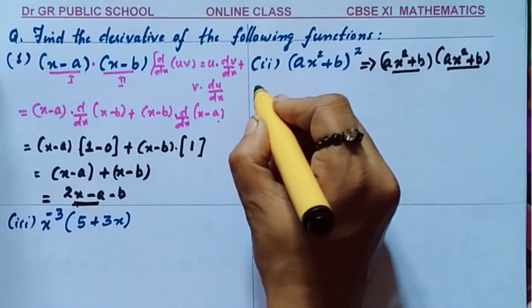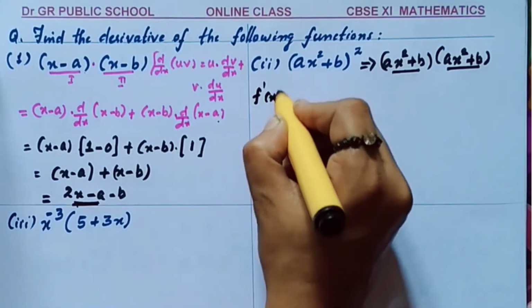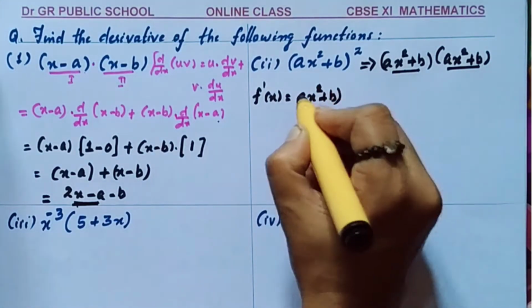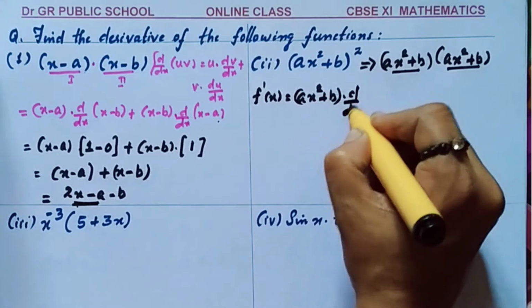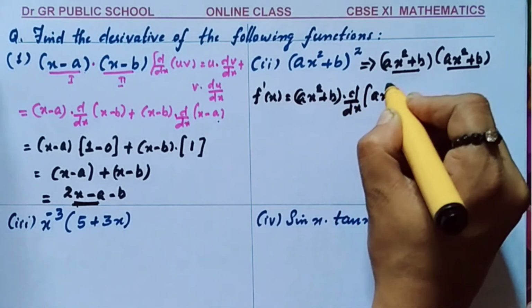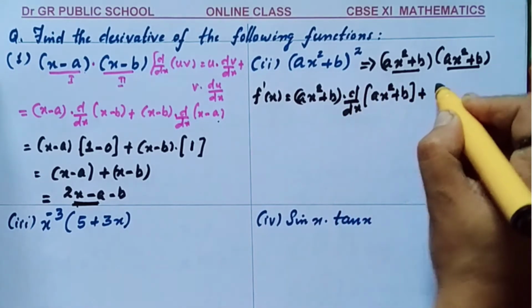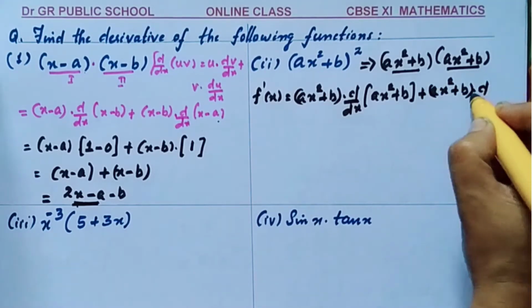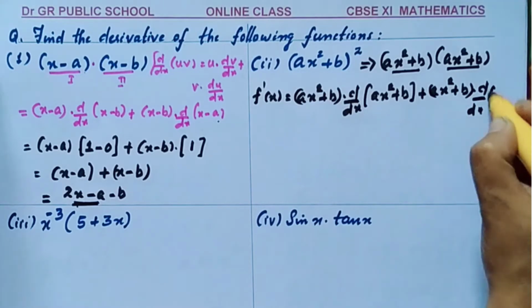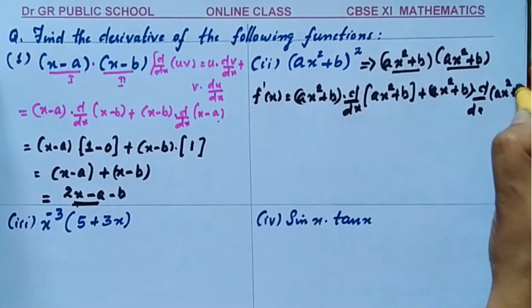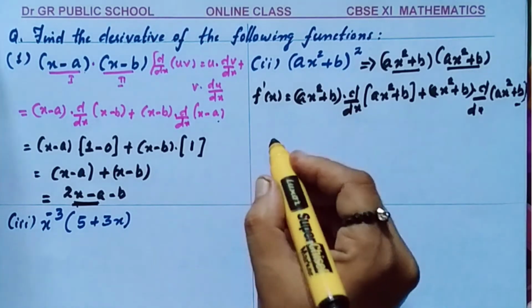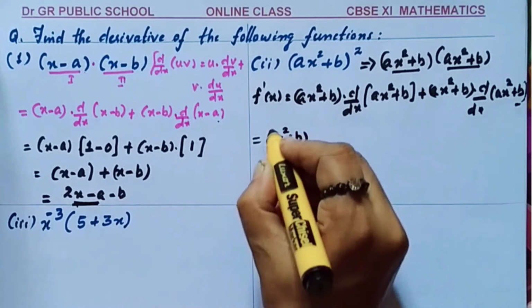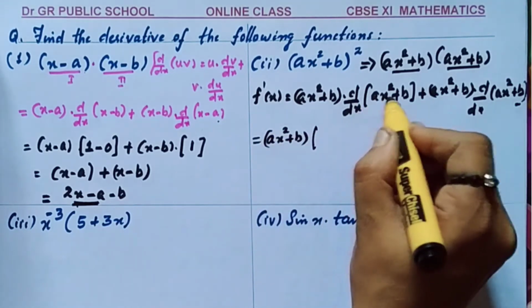Therefore, the derivative dy by dx or f dash x equals the first function into the derivative of the second. The derivative of the second is ax square plus b itself, plus the second function ax square plus b into the derivative of the first, again ax square plus b, which is equal to the first function ax square plus b into, what is the derivative of ax square plus b?